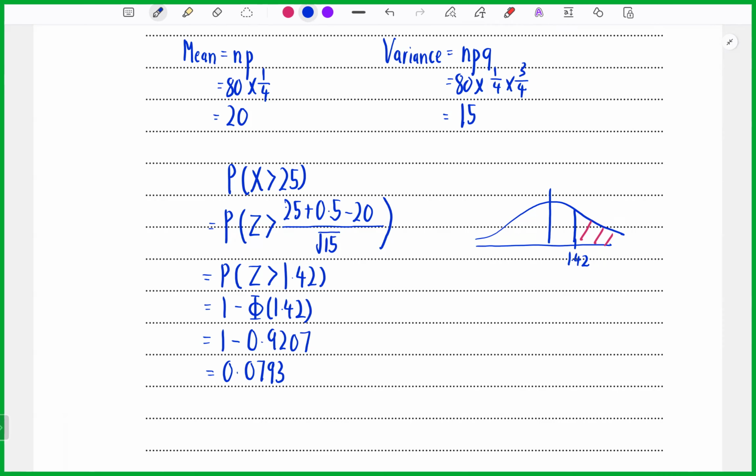Sorry, I'm looking wrong. Actually, it's 0.922. So 0.922. Actually, the answer is 0.078.